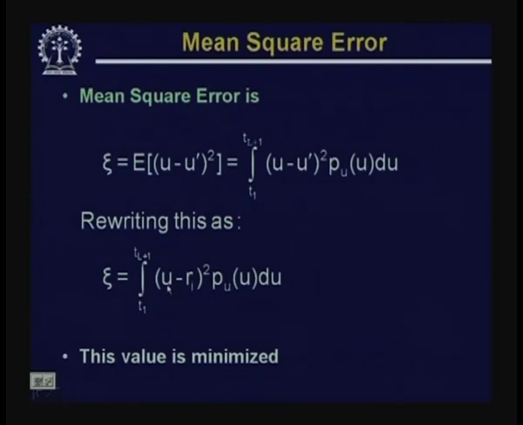So, I integrate u minus r i squared p u of u du over the interval T i to T i plus 1, then I have to take a summation of this for i equal to 1 to L. This modified expression will be the same as this, and this tells you the square error of the reconstructed signal. The purpose of designing the quantizer will be to minimize this error value.